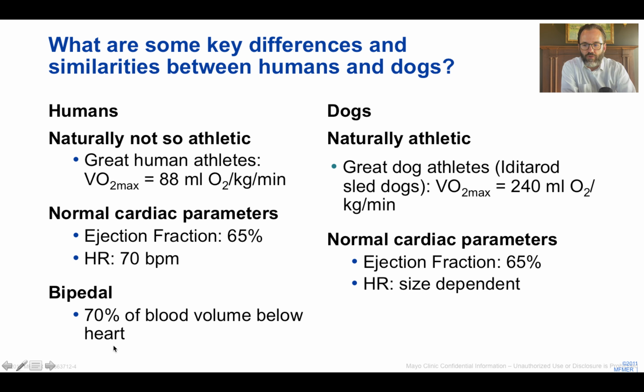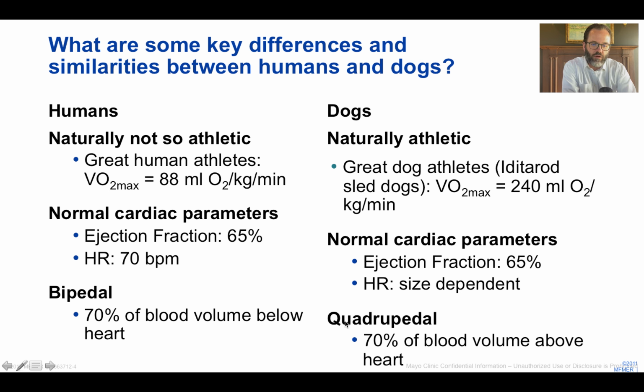Now, of course, we are bipedal, which puts us in a unique position where actually 70% of our blood volume is below the heart, whereas dogs are quadrupedal, and they have roughly 70% of their blood volume above the heart. So it's a tremendous advantage when providing a filling pressure for the right side of the heart.